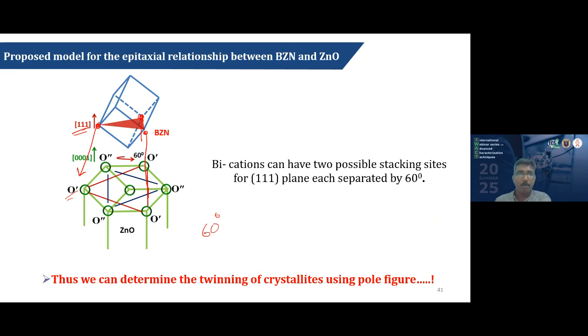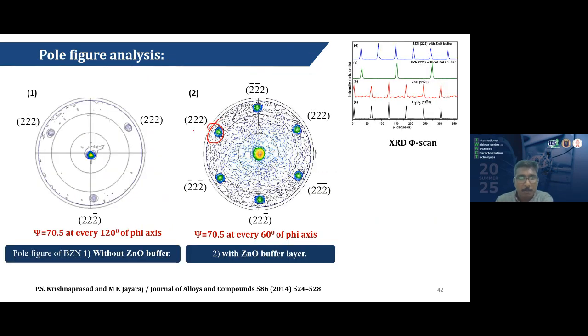Equal intensity of all the peaks. These peaks correspond to the bismuth atoms, where the bismuth atoms are oriented along O dash sites, and these set of poles correspond to BZ and 222 planes, which are oriented in 60 degree twinned directions. So you can see all these 6 poles have equal intensity.